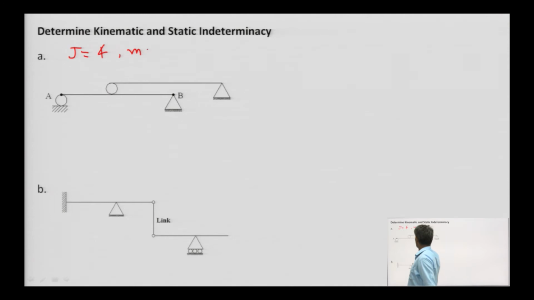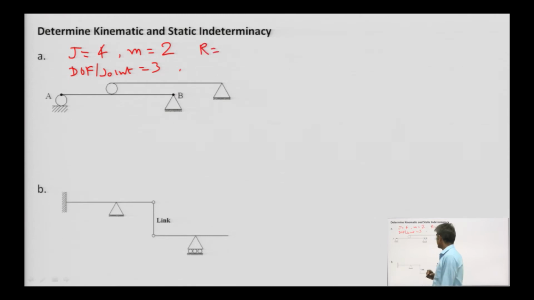Number of members, 1 member and 2 members. Degree of freedom per joint, we know that it will be 3. Find capital R, the total number of support reactions. This is a roller support here.